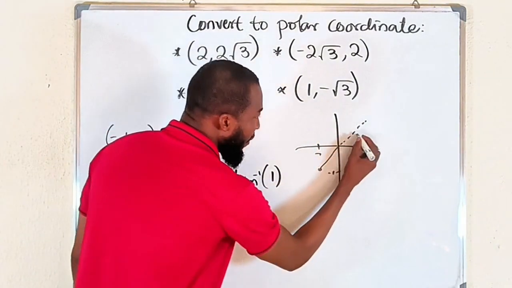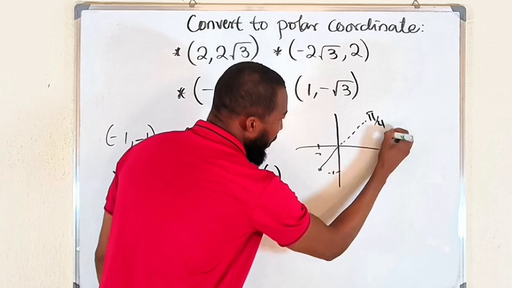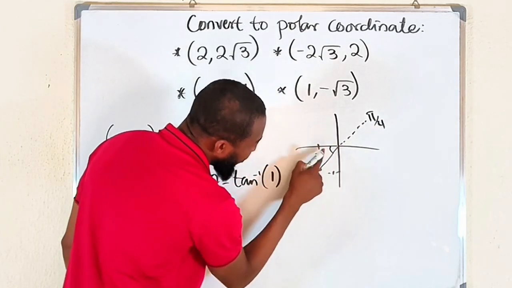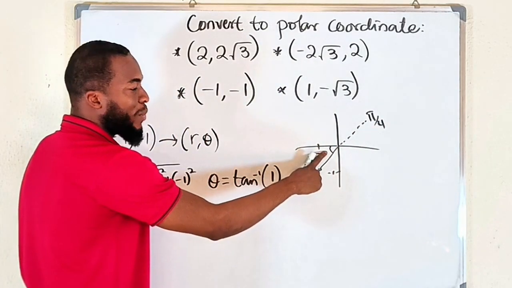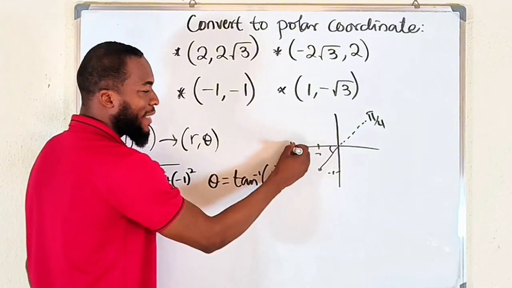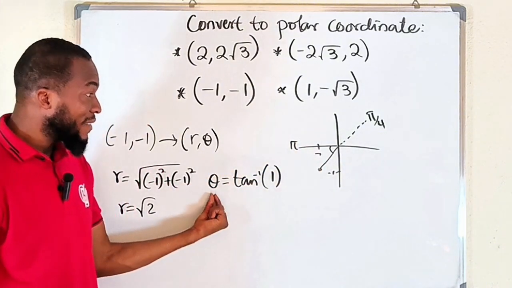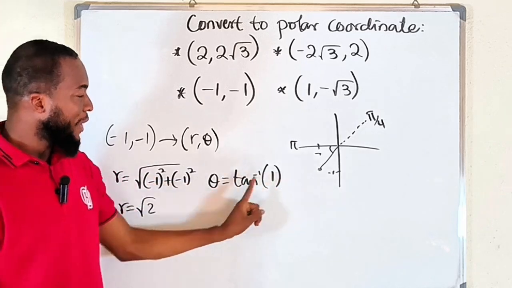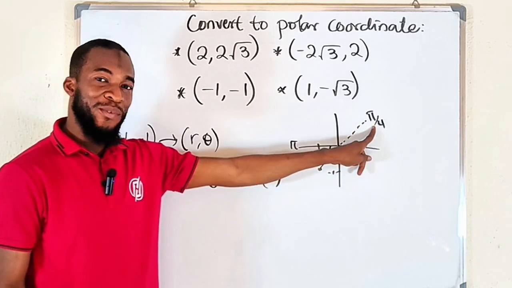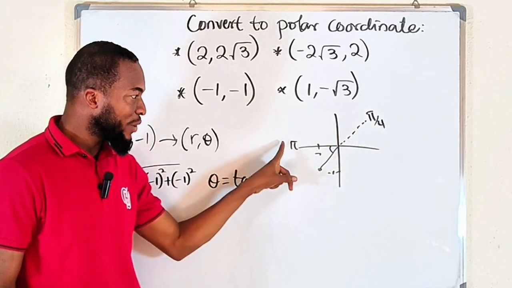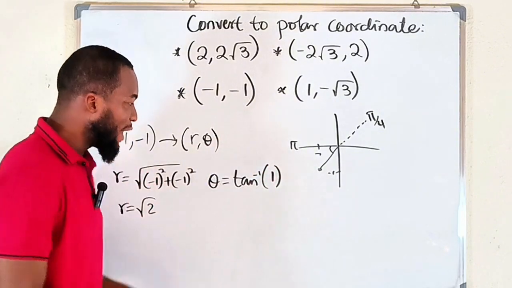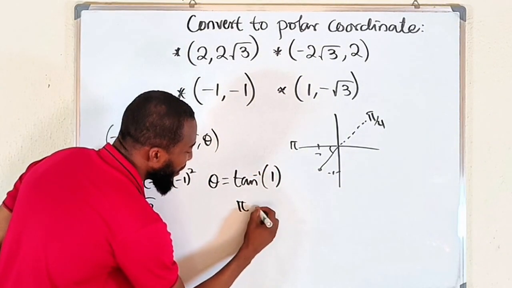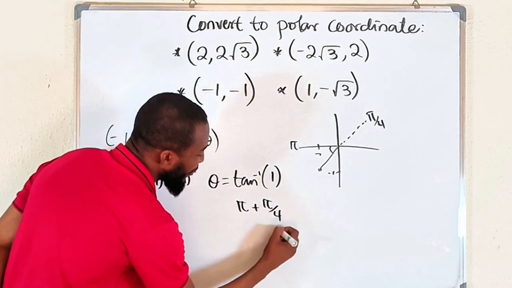So if it is pi divided by 4, you can see that this is also a measure of pi divided by 4 greater than pi. So if you want to get this theta, because it must be in this quadrant, but it returns an angle of what? 45 degrees. Therefore, you have to add 45 onto 180. So it will be pi plus pi divided by 4, right?